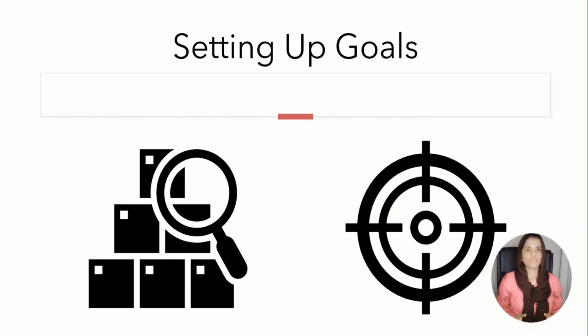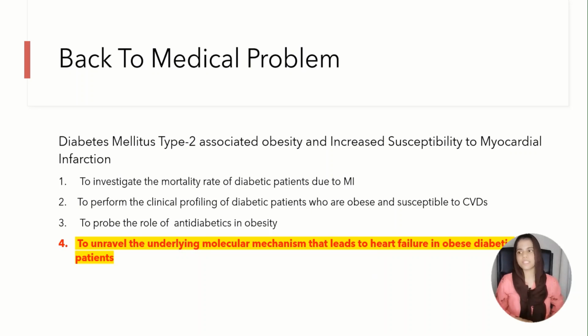Moving on from formulating a statement to setting up research goals. Usually after you are done formulating your research statement, your research objectives automatically become very clear. You know what you want to do. So back to the medical problem, diabetes mellitus type 2 associated obesity and increased susceptibility to myocardial infarction.